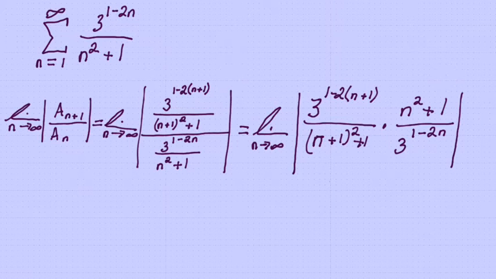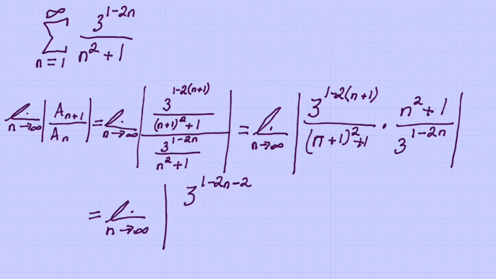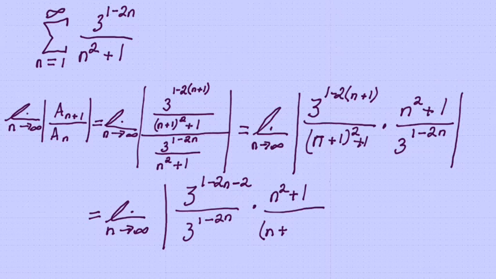And now, normally I will omit this step, and I'll put the numerators in one fraction together and the denominators in one fraction together. So normally I will write 3 to the 1 minus 2n minus 2 over 3 to the 1 minus 2n times n squared plus 1 over n plus 1 quantity squared plus 1.